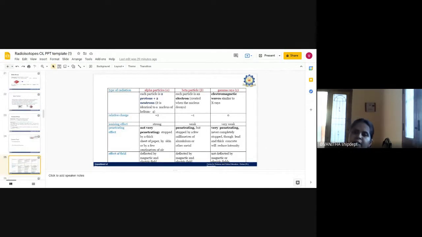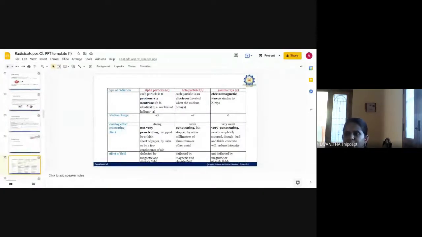For beta particle, each particle is an electron. Gamma rays are electromagnetic waves similar to X-rays. The relative charge of alpha particle is +2, beta particle is -1, and gamma is 0. Ionization effect is strong for alpha particle and weak for beta and gamma particles.